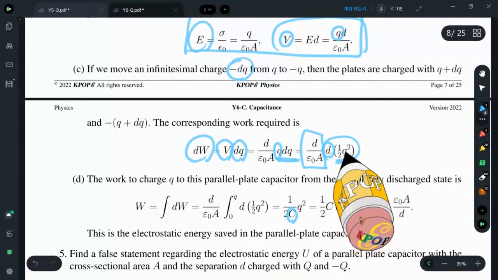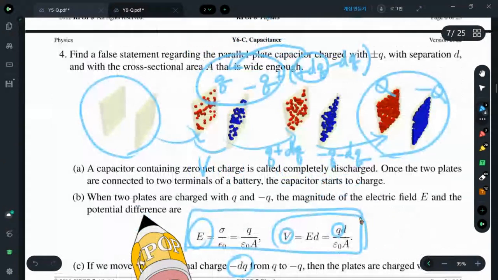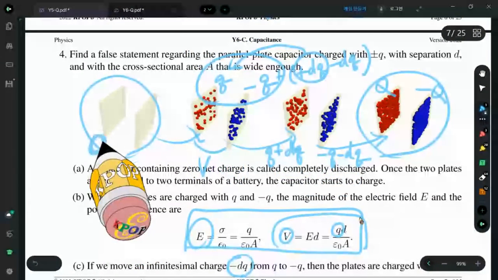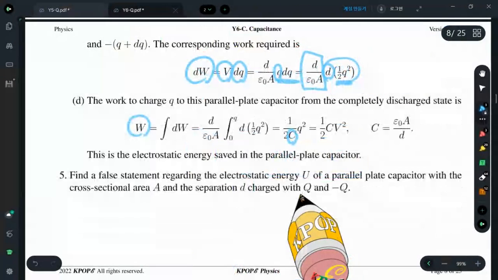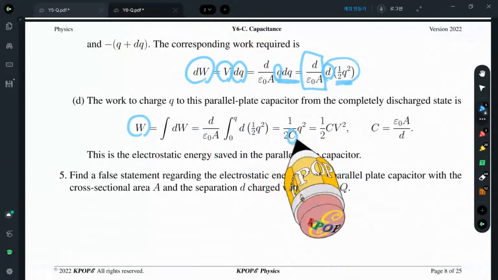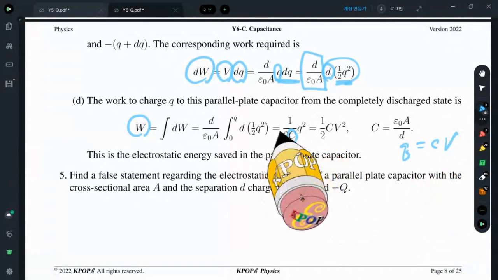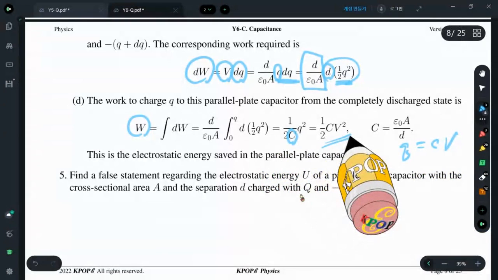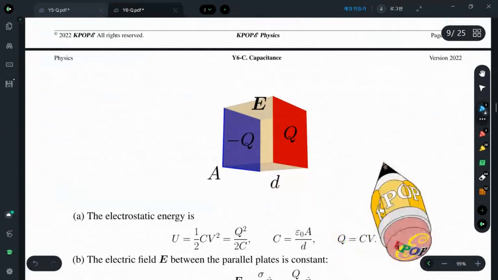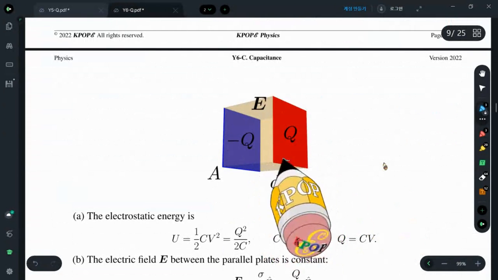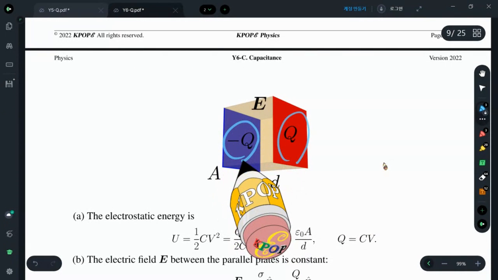And this can be integrated to find the total work from the completely discharged state to Q. And the final result, because Q equals CV, is Q squared over 2C or 1/2 CV squared. So we have an electric field between the positive plate and the negatively charged plate.